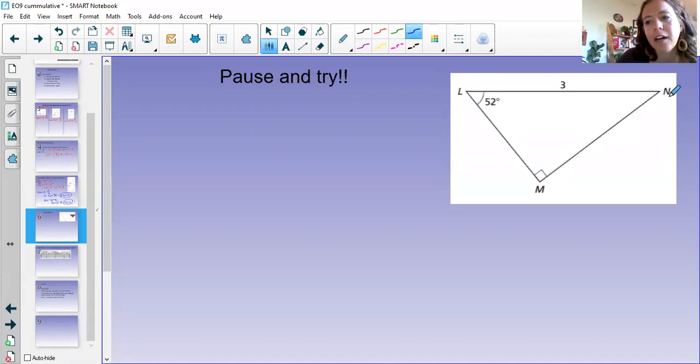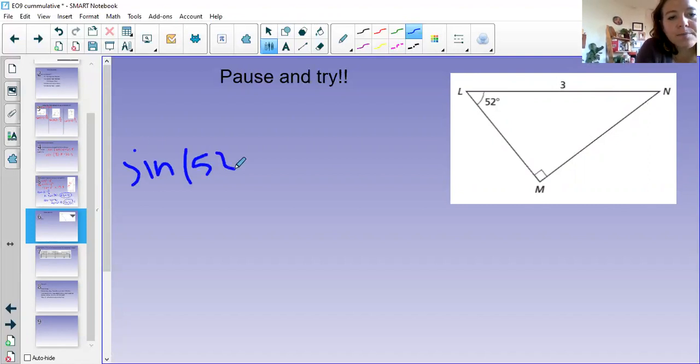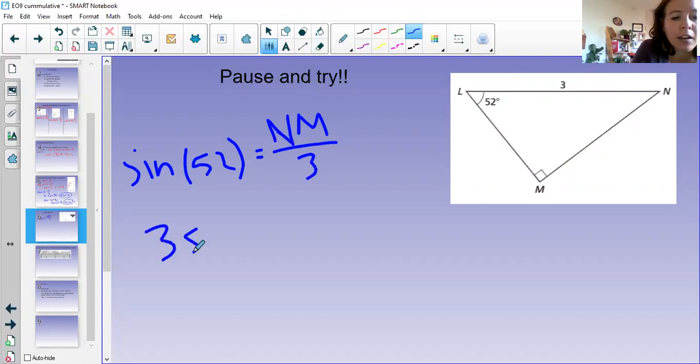Let's say we wanted to find out NM first. We can say this is the opposite over the hypotenuse, which is sine. So I can say that the sine of 52 is equal to NM over 3. Okay, so to find NM, I'm going to multiply the sine of 52 by 3 to get NM.